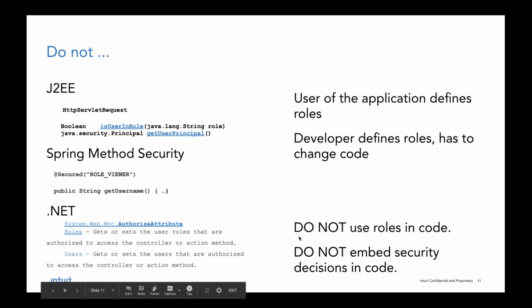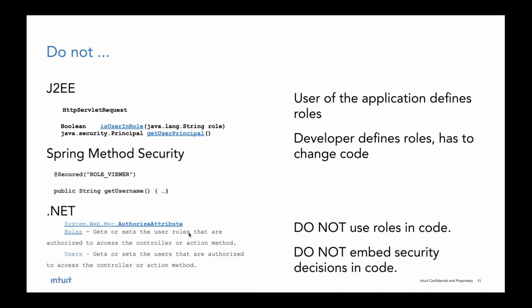So the advice here is, do not use roles in code. Although we have APIs that look like this, I think we have learned that using roles in code like this makes your code tightly coupled, and it doesn't let you evolve and serve the use cases.